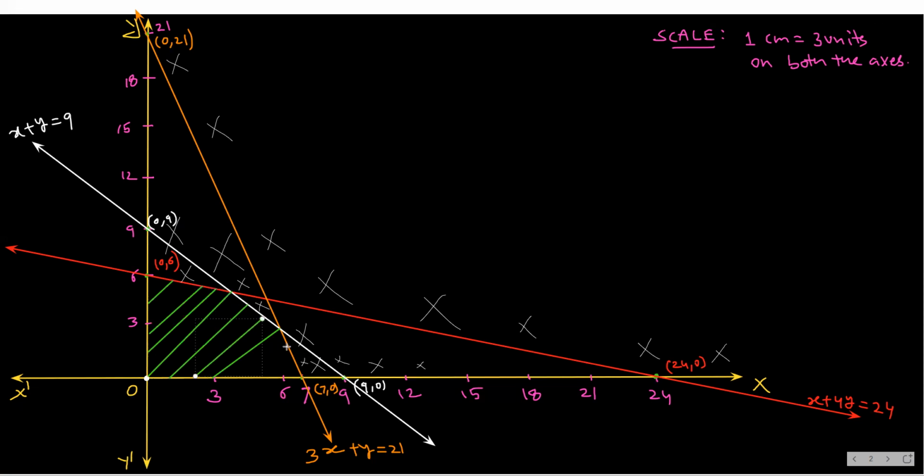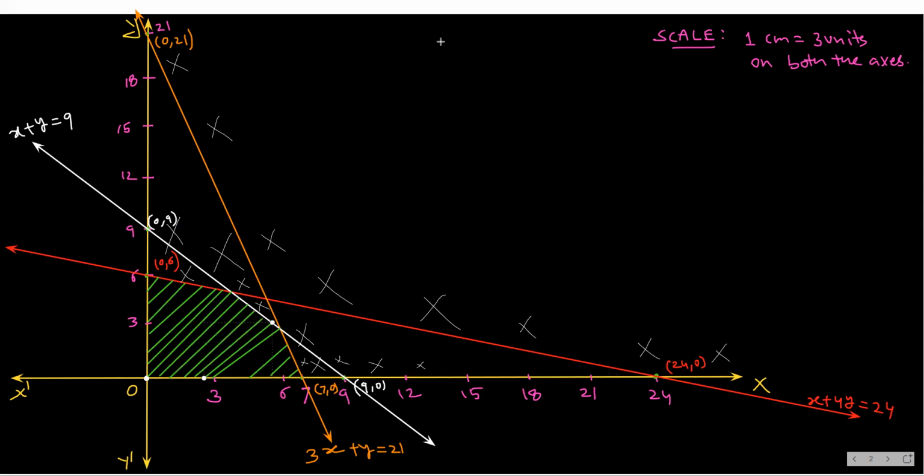I will have to remain in the first quadrant only, and this is the common solution set. Why do I need to remain always in the first quadrant? Because we also have to take care of the two non-negative constraints.